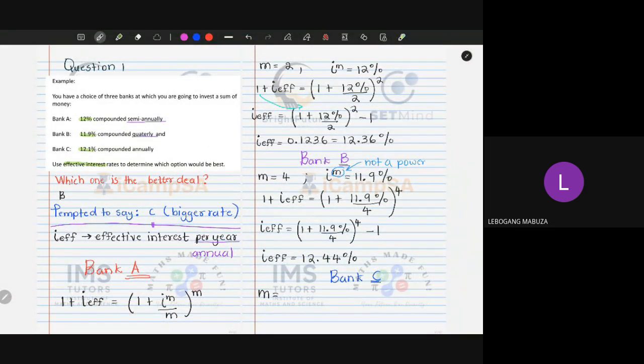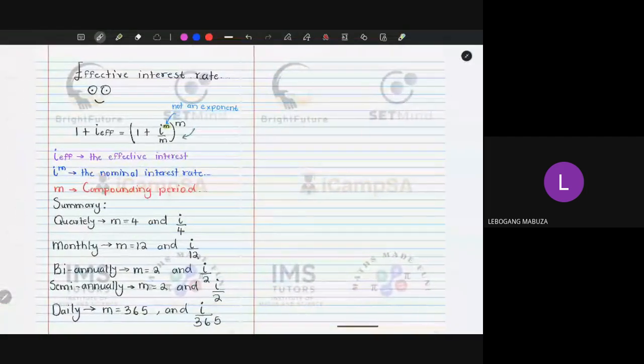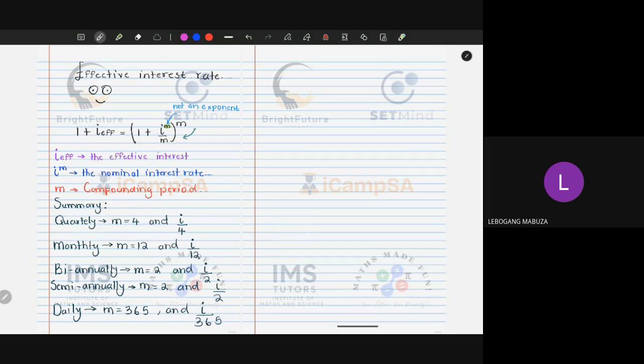That should give you an idea of the answer. Once in a year. It is 1. So maybe let's add that, guys. When they say this is compounded annually, you should remember that what that means is that M is 1 and you will divide your interest by 1. Essentially, you do nothing to it.